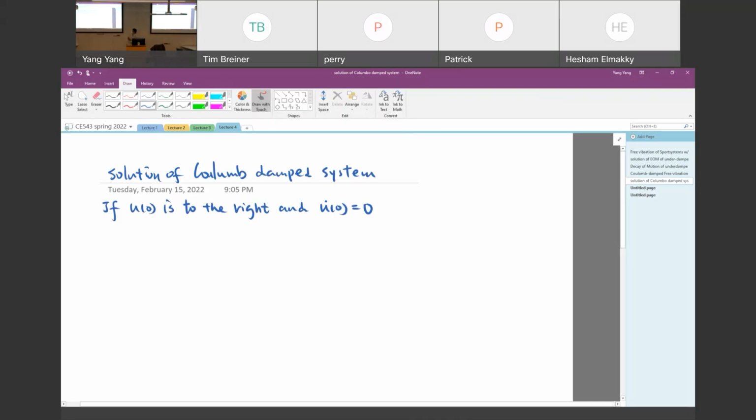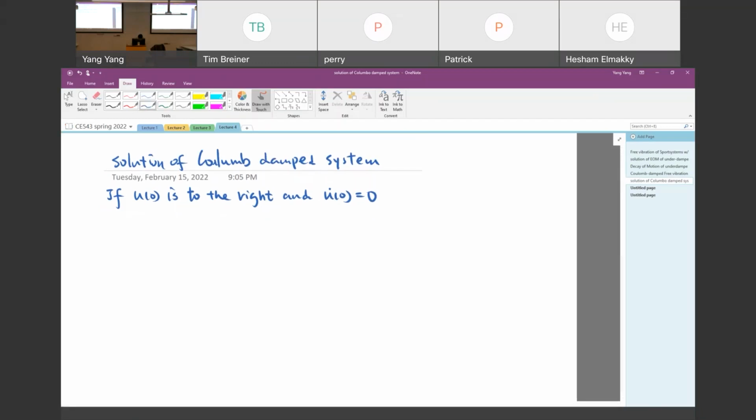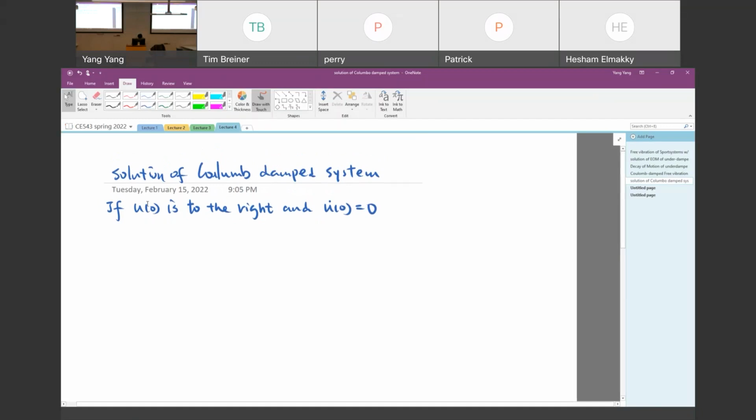If we have an initial displacement to the right, that means we extend the spring to the right, and we know that the initial velocity is equal to 0. And we should be able to get the A1 and B1 values. Based on the initial condition, we can figure out the values for the constant numbers.